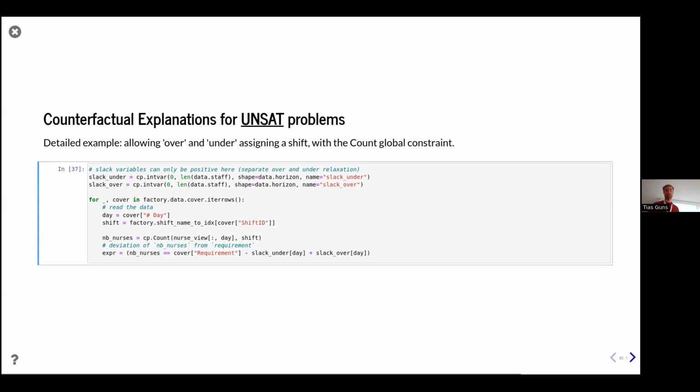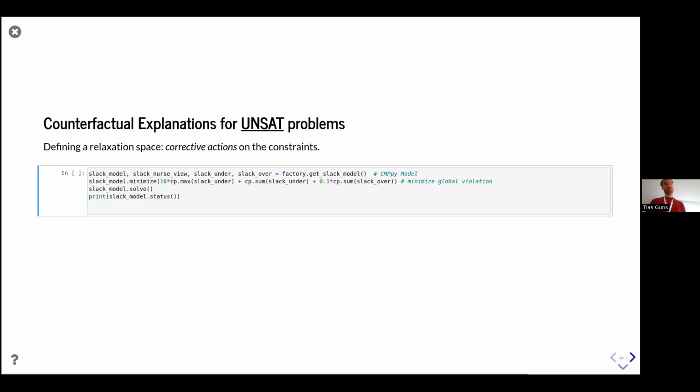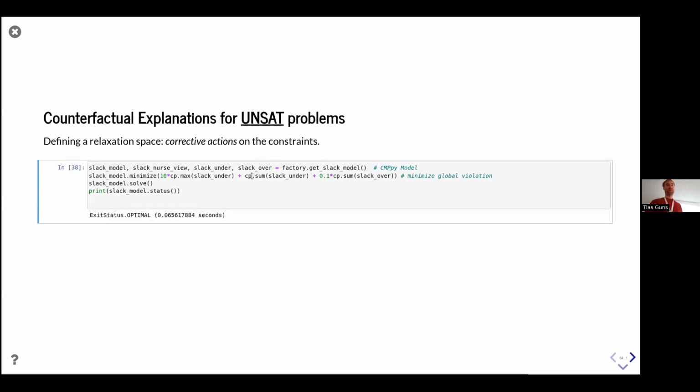So it's just some modeling. I'm not showing how to do it for each of those, but we have here the slack model, and I'm defining an objective function, so I'm adding my preferences. I'm saying, first of all, penalize the worst violation the most. So that's the max of how few you have.